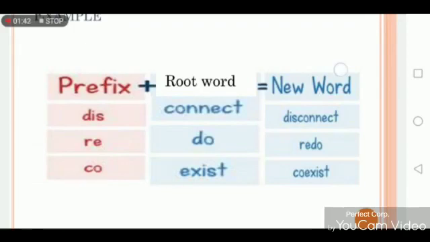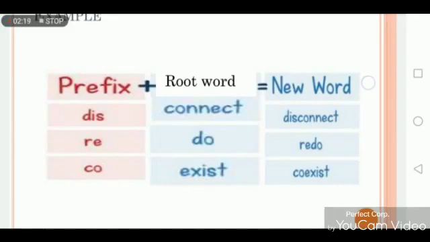We add a prefix to these words in order to make a new word, and the new word which is formed by adding a prefix to a root word has a different or opposite meaning from the root word. Like connect is a root word. If we add the prefix dis, the new word will be disconnect, and the meaning of disconnect is completely opposite of the word connect.